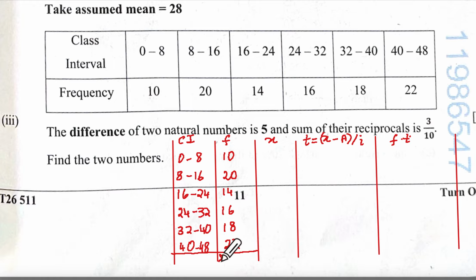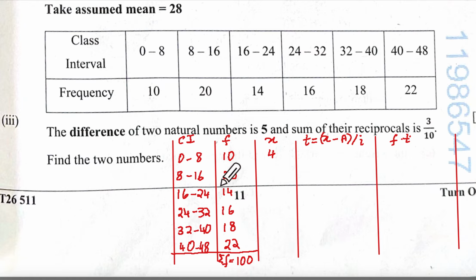So we will need sigma F. How much is sigma F? 30 and 30, 60, and this is 40, 100. Correct? Once again, this is 18 and 2, 20, 20, 40, 40 and 30, 70 and 30, 100 is correct. X will be 0 plus 8 upon 2 means 4.